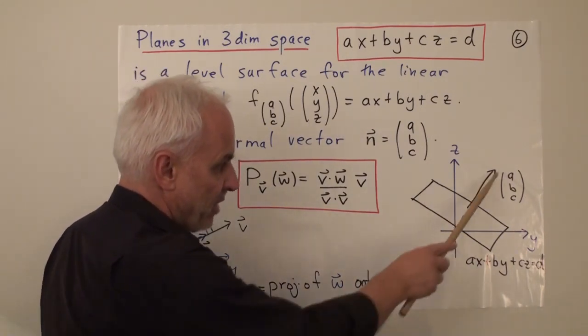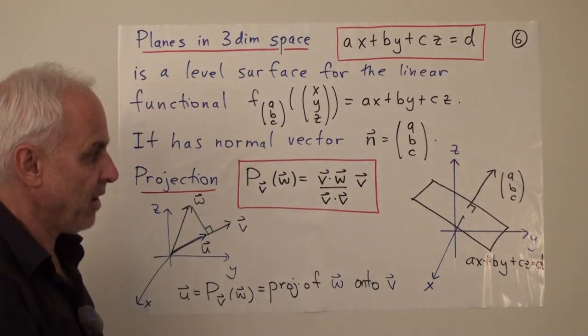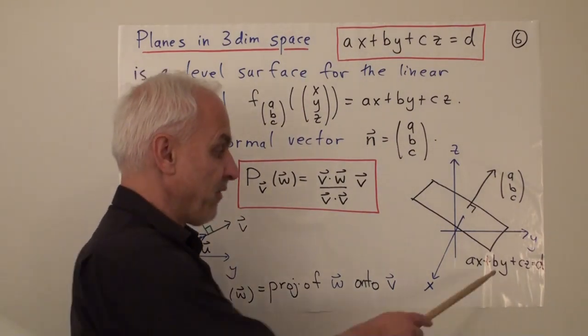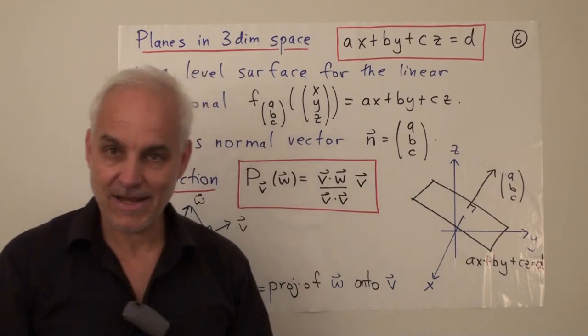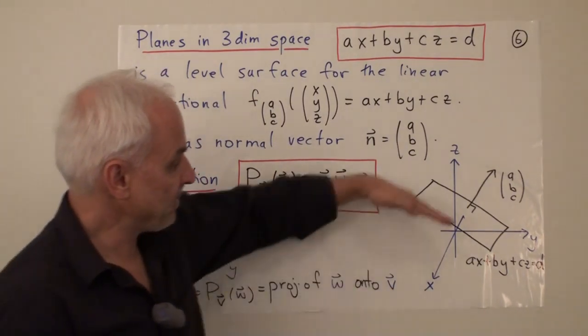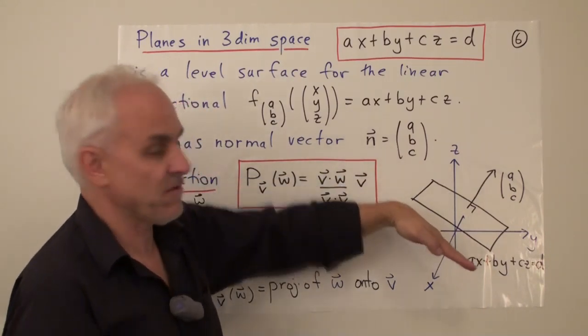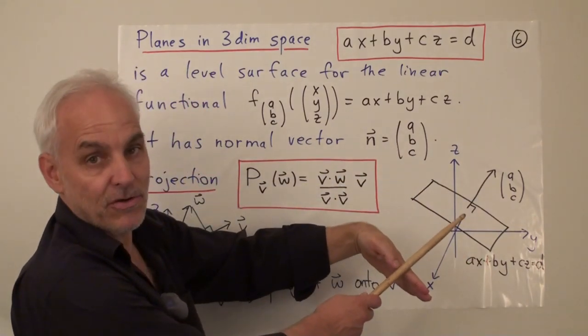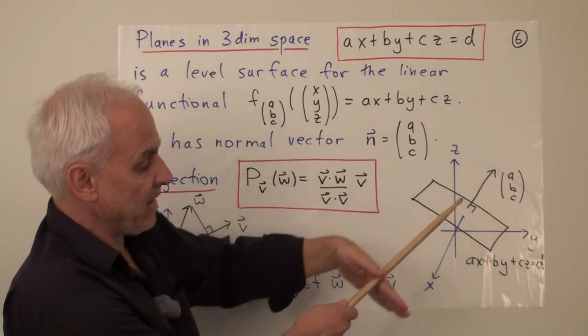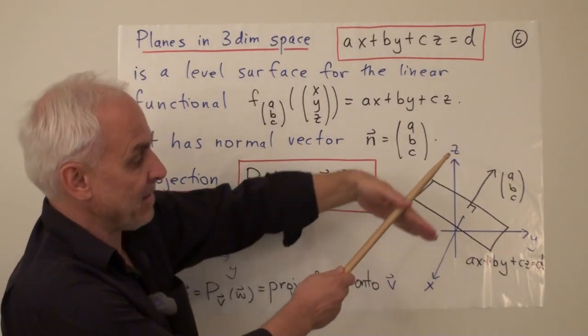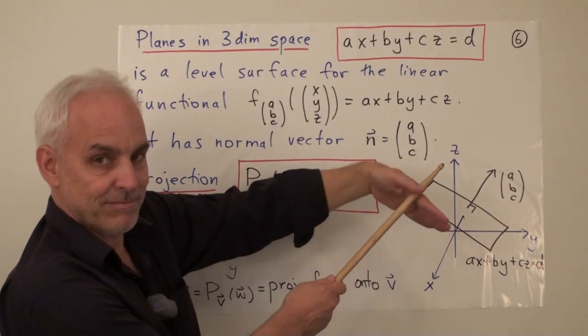The plane is perpendicular to the vector. In particular, if we change this right-hand number d, then what happens to the plane is it moves in this direction, but it doesn't change the fact that it's still basically perpendicular to the normal vector. So the effect is just to move it around like this.